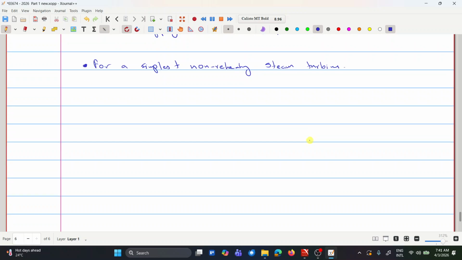The transfer function of the turbine is given as delta PMS over delta PVS equals 1 over 1 plus tau TS.